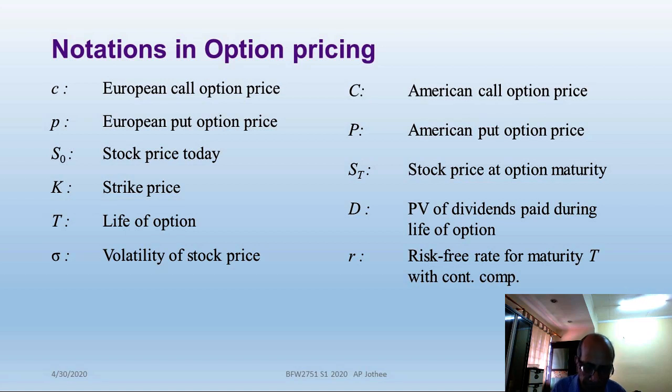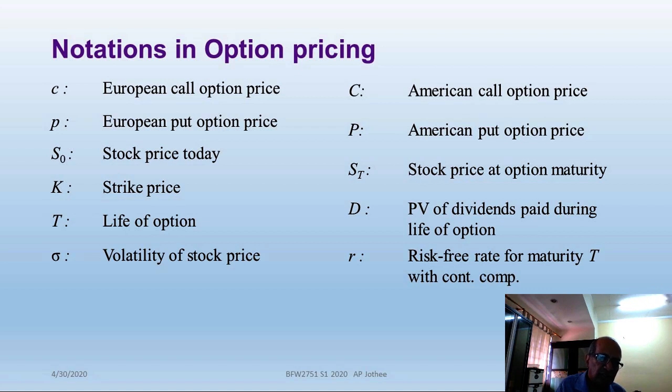Well, we'll continue. The next thing we have to learn before we continue in this lecture is to understand the notations in option pricing. You will see all these symbols, acronyms or one-word symbols, throughout this lecture in many equations, where you must specifically identify what each notation refers to.